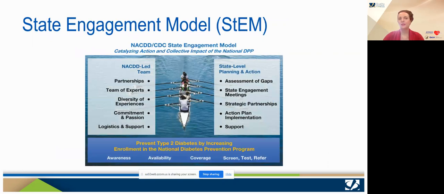Which brings me on to our work today. So today we are talking about the STEM work, a piece of the STEM work, screen, test, and refer.